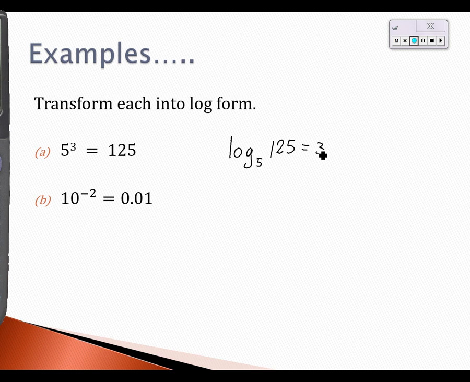Correct. And then what about the next one? Log base what of what equals what? Careful, the base is the base. Yeah, log base 10, because that's the base of exponentiation. Right.